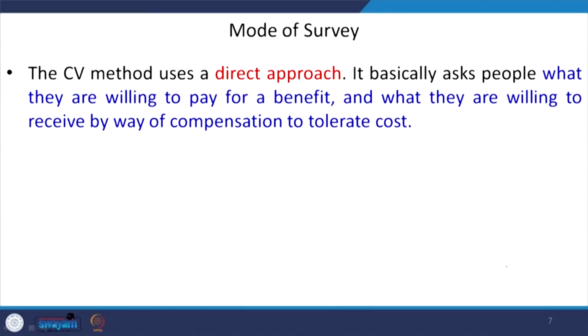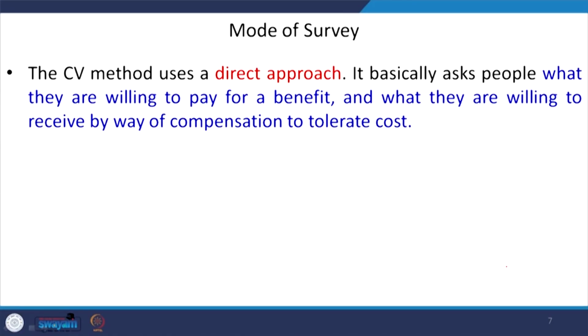As you understand, this CVM is highly based on the survey. So, the real questions are raised on the mode of the survey itself: how we are going to conduct this survey.